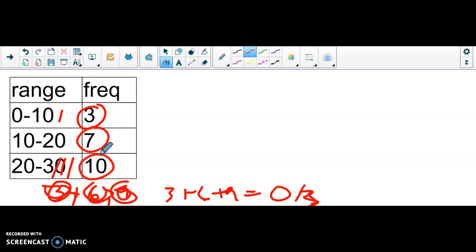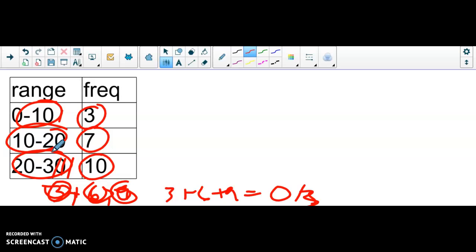Now, when we want to talk about this data, we can't go back because we didn't keep track of the individual cities. We just kept track of the data in the range. But we can still figure out the mean, not the actual mean, but we can use an estimate to get what we call the weighted mean, which is not as good.